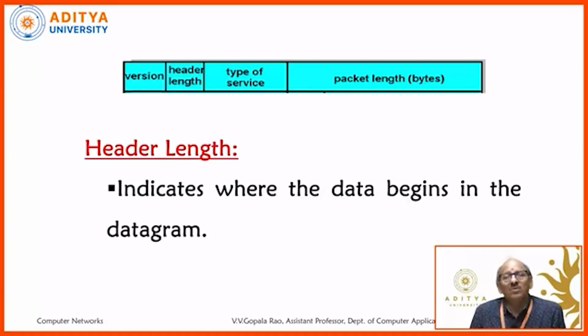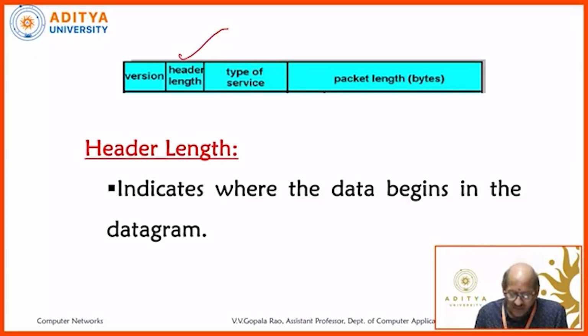Because the header is of variable length, how do you know the exact size of the header? Is it 20 bytes, or 25 bytes, or 40 bytes? How do you understand that? The header length specifies the exact size of the header, so that based on that you can identify the location where the data starts.